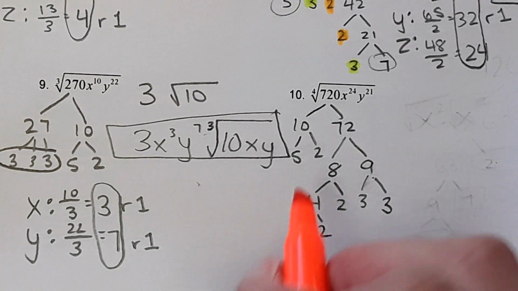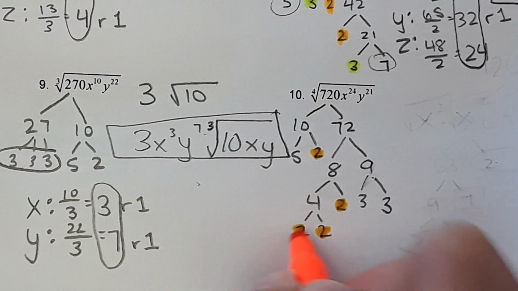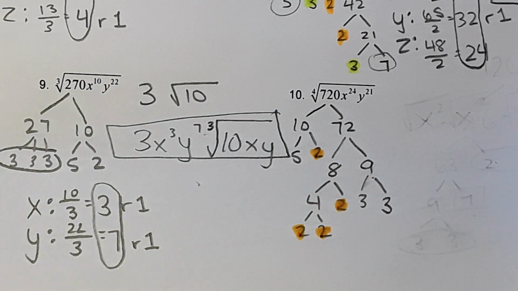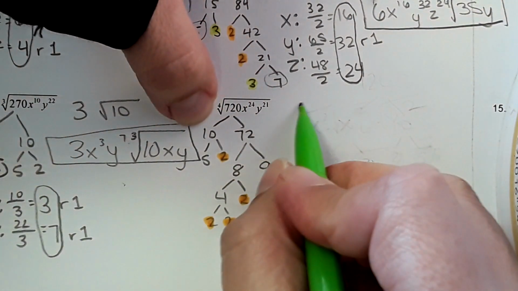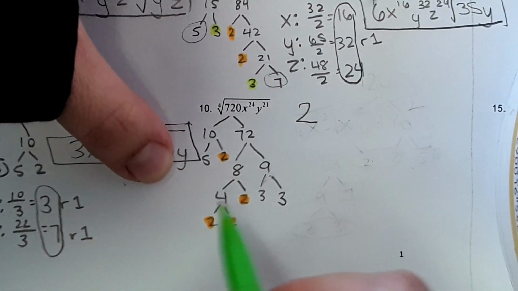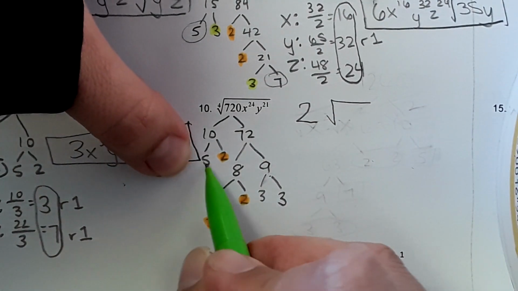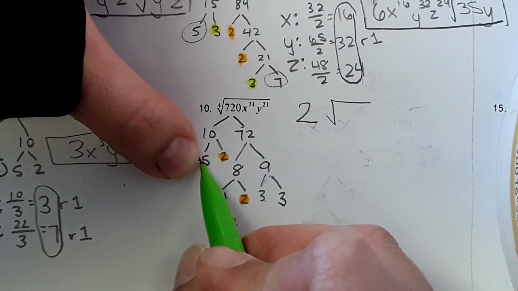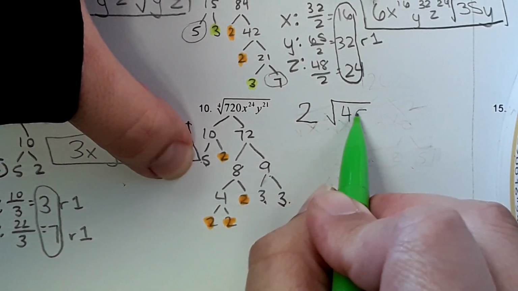We're looking for 4 of the same thing, and it looks like 2 repeats 4 times. So the 2 is coming out. And then what is left in? Well, you multiply 5 times 3 times 3. 5 times 3 is 15. 15 times 3 is 45, so that stays in.